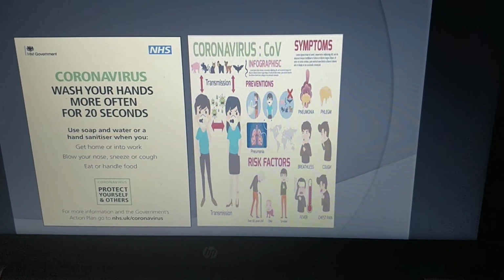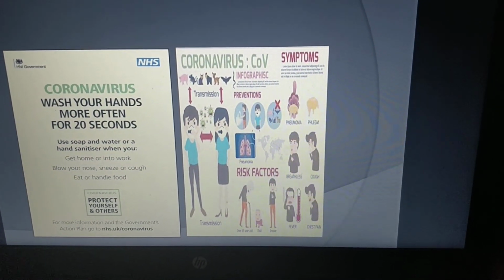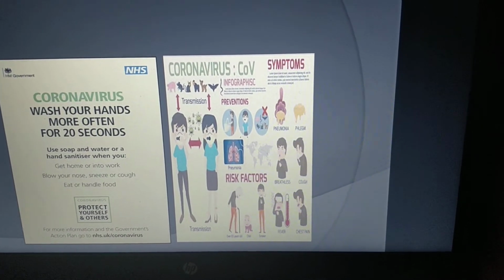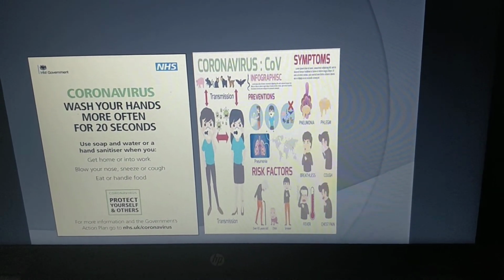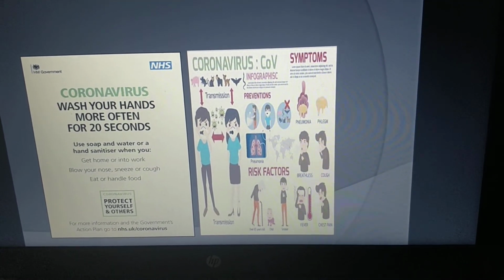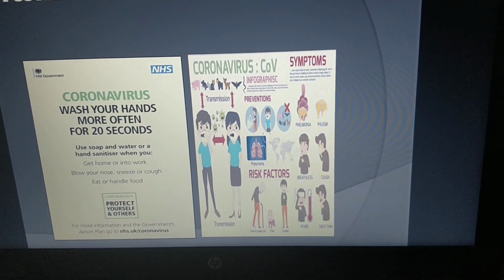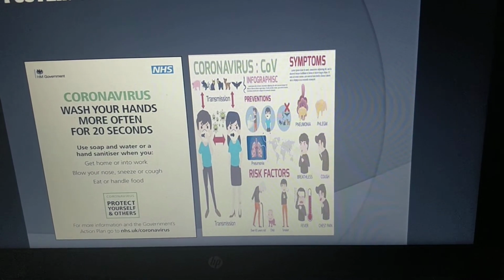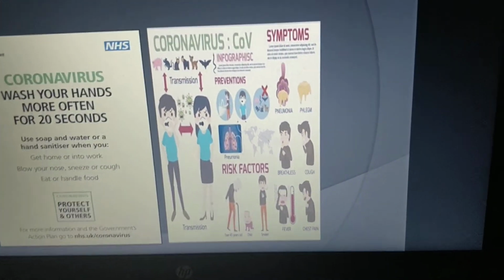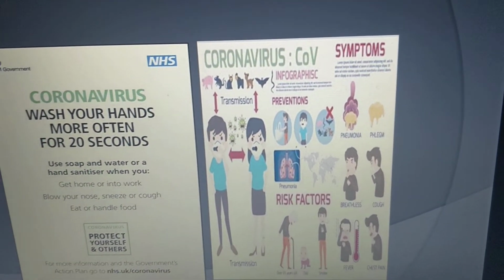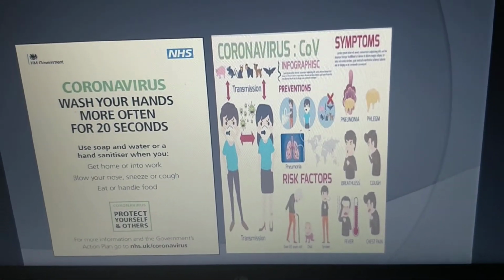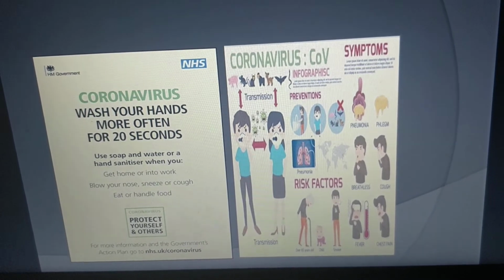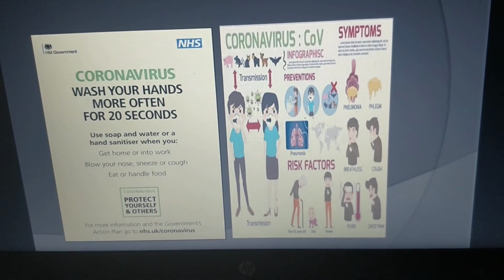At the bottom line there is the mention of the issuing authority also, and on the right hand side also you can see that there are many captions and slogans. The entire information has been bifurcated into symptoms, preventions and risk factors. I think it is very clear to you. Fine. So I think it would not be difficult for you to design posters in a very creative way.